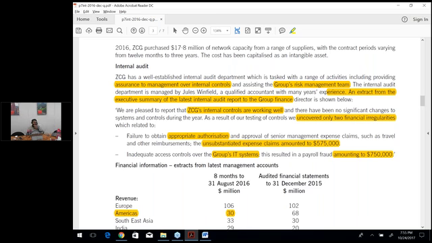Now, it says, as a result of our testing of controls, we uncovered 2 financial irregularities which related to failure to obtain authorization and so on. I mean, if you read this part, it says we are pleased to report that ZCG's internal controls are working well, and there have been no significant changes to the controls during the year.